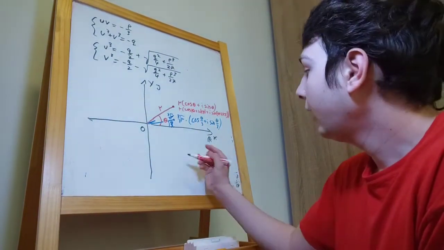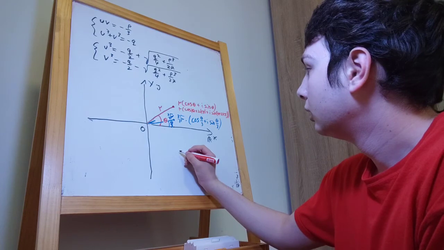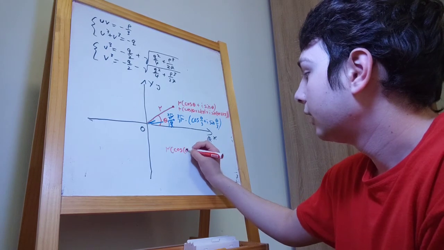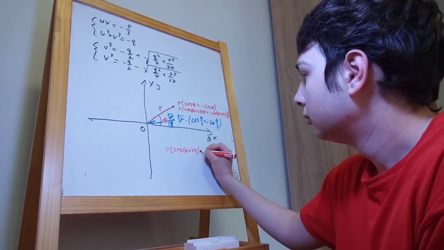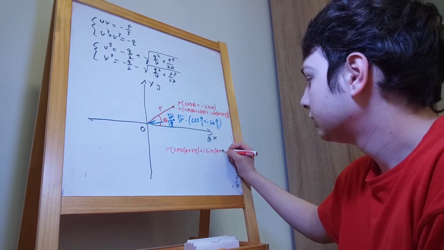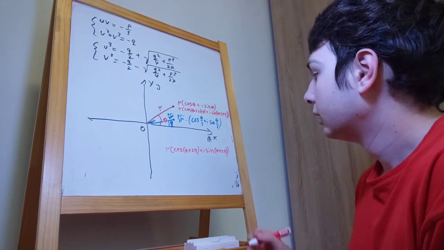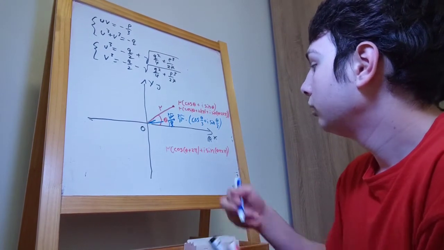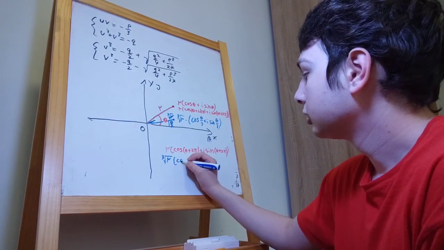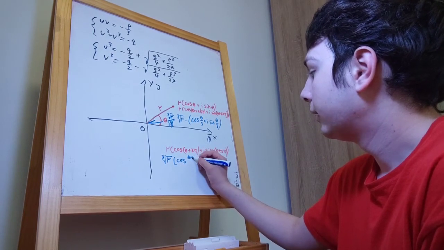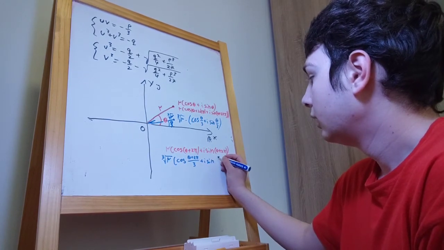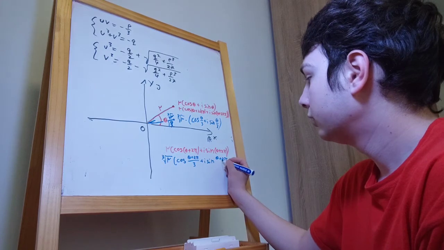So say we had r times (cosine of theta plus 2 pi plus i sine of theta plus 2 pi). Our new number would be the cube root of r times (cosine of theta plus 2 pi over 3 plus i sine of theta plus 2 pi over 3).